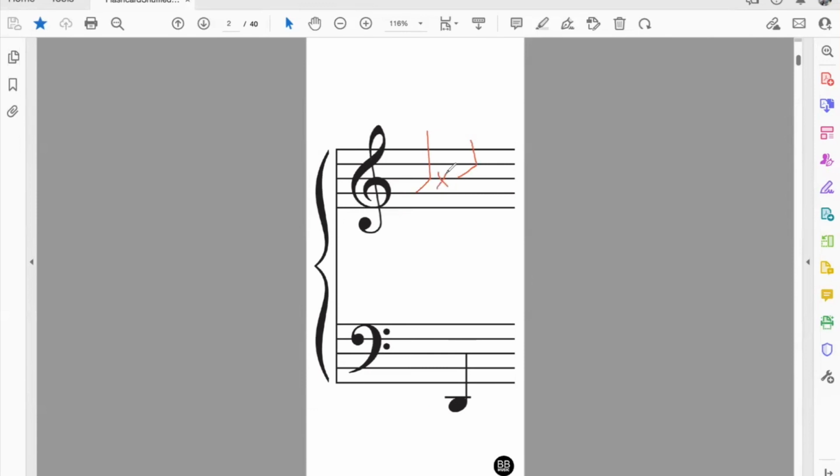Okay. That makes more sense now. A line to a line is a skip. Make sense? Yeah. Okay, so we said that our home note was low C, and it is a step or skip away.